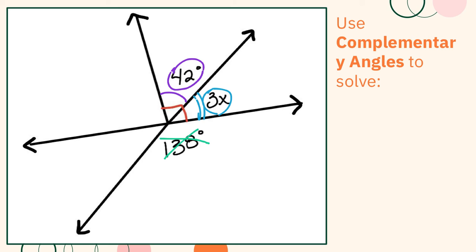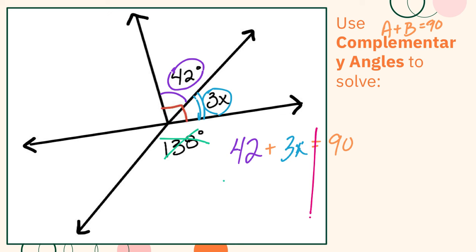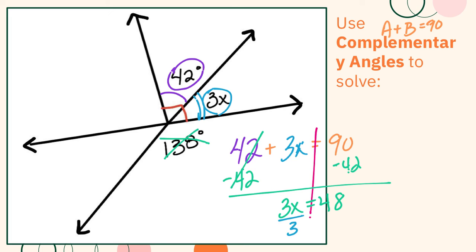So I'm going to say I have 42 plus 3x, and that's going to equal 90. And I know that because whenever I have complementary angles, it's A plus B equals 90. I can go ahead and solve. So I'm going to subtract 42. It's going to give me 3x equals 48. And when I divide by 3, x equals 16.